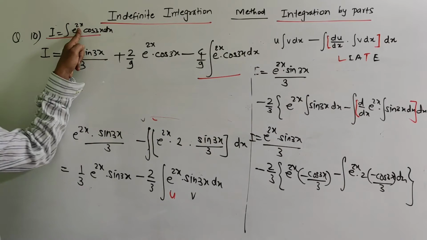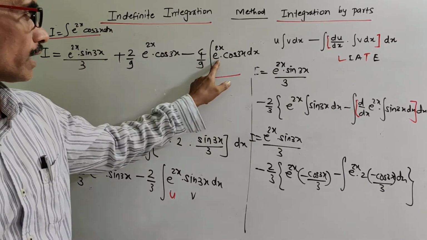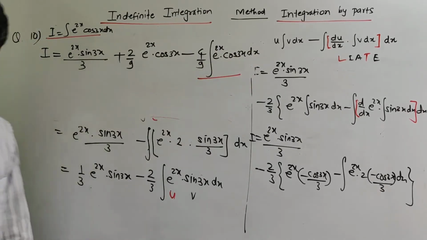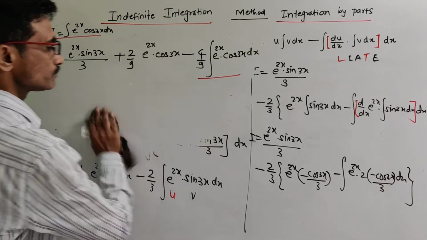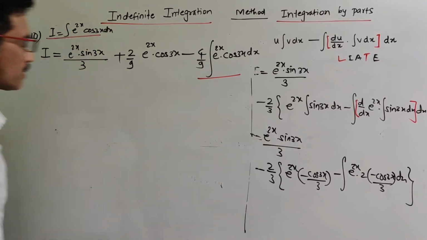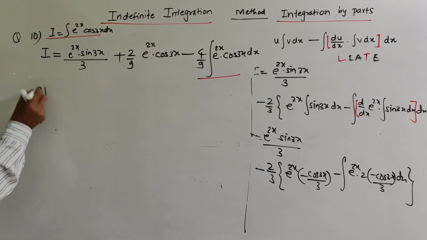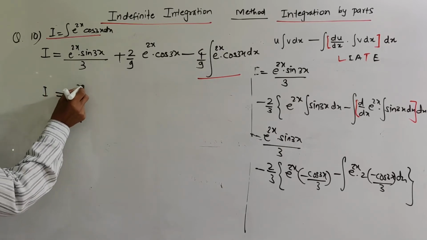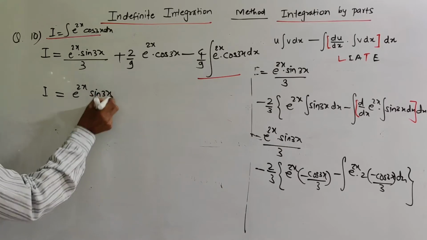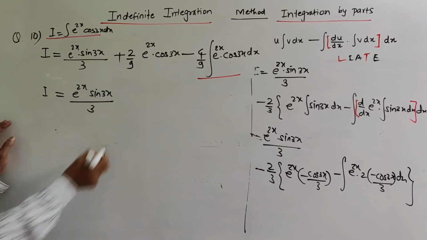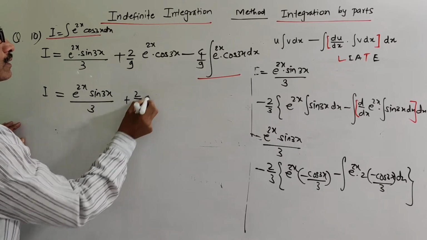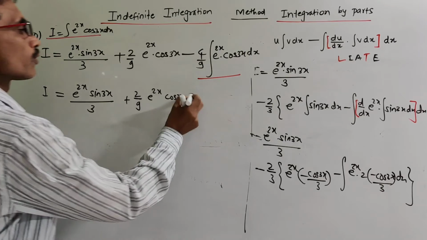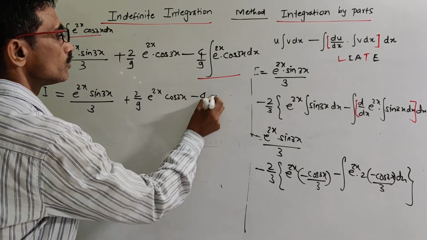Here e raised to power 2x cos 3x is I, and the same e raised to power 2x cos 3x, so this is again I. Therefore I is equal to e raised to power 2x sin 3x upon 3 plus 2 by 9 e raised to power 2x cos 3x and minus 4 upon 9 into I.